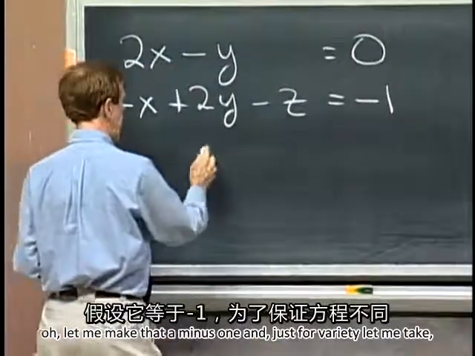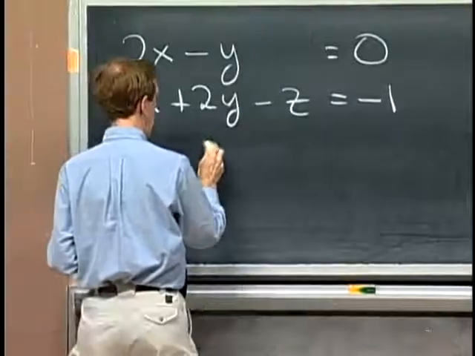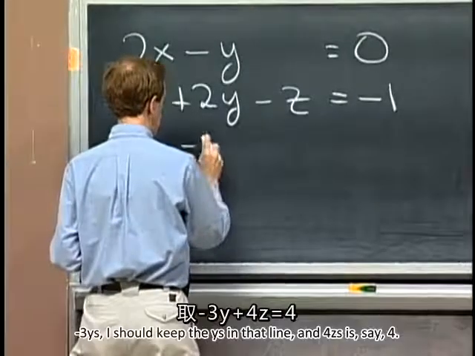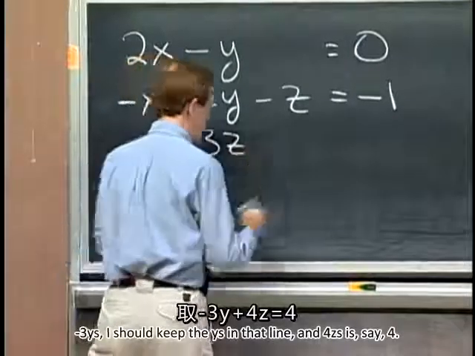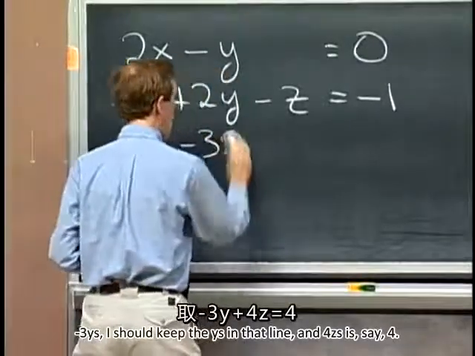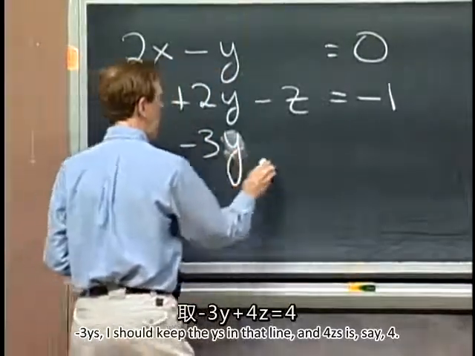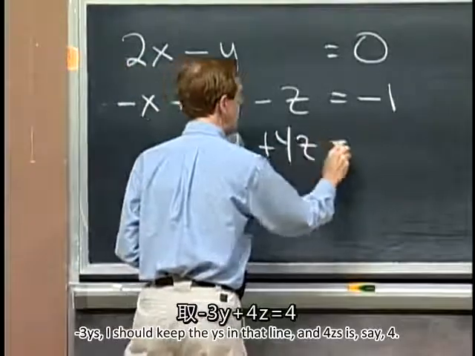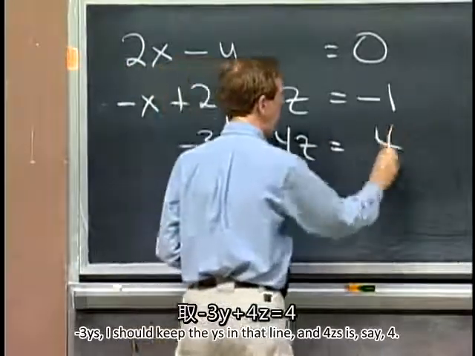And just for variety, let me take minus 3z, minus 3 y's. I should keep the y's in that line. And 4 z's is, say, 4.